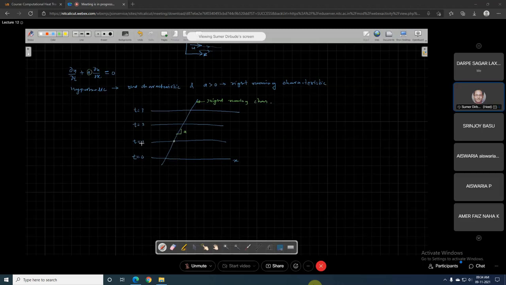Suppose I consider t n plus 1, and this is my ith point. Then it is passing through this ith point. Our ith point is here, and this one will be I minus 1, and here will be your I plus 1 point.